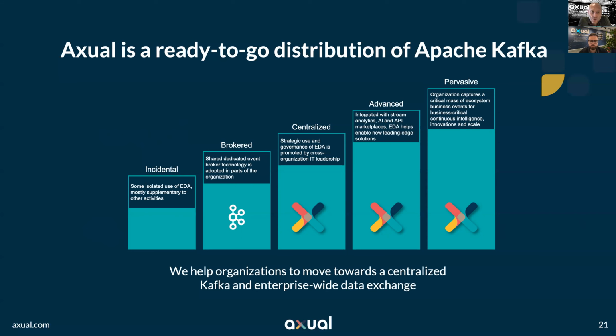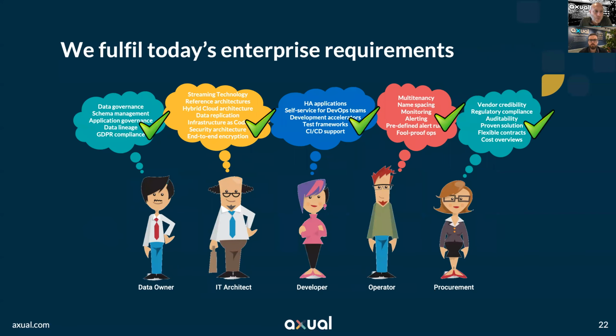So as soon as you start to move to a centralized phase, where data governance is becoming more important, where you have to provide guarantees about handling of data, this is really where our platform comes around the corner as a solution to many of the challenges faced there. And we do fulfill all of these enterprise requirements that we talked about earlier, not by improving on Kafka itself, but by providing the proper management layer on top of Kafka. So how do we do that?